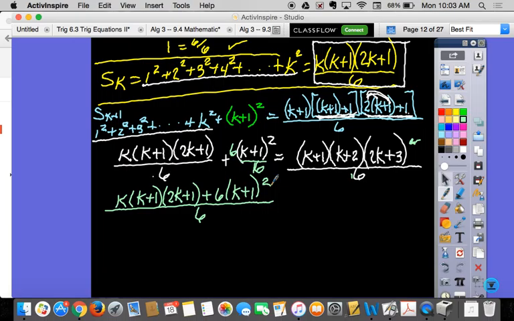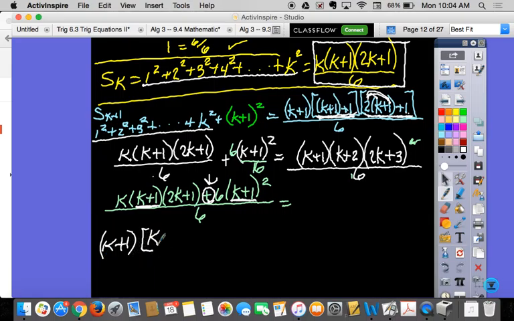Now I need to do a little maneuvering here to get this to work out. You can actually factor. If you notice, you have two terms because it is added. I have a k plus 1 here and I have a k plus 1 there, so I can factor this out. I'm going to factor out k plus 1.